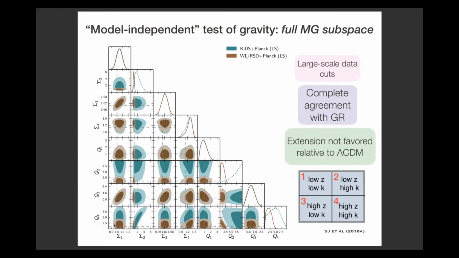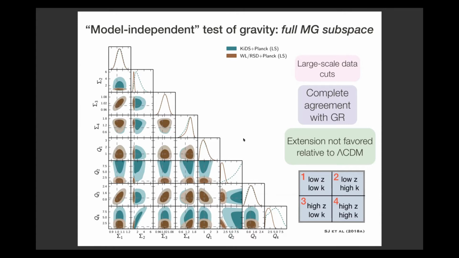The GR expectation is given by the intersection of these dashed lines, and all the contours agree with GR. Here, KiDS plus Planck, and then brown is 3x2pt plus Planck. Because we've introduced 8 additional degrees of freedom, even though we've resolved the tension in S8, this model is not favored in a model selection sense.